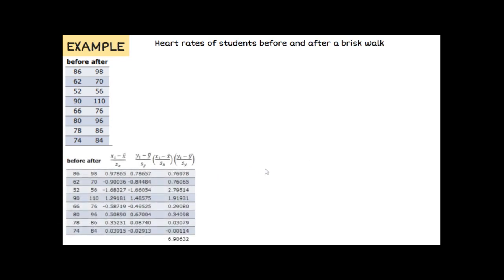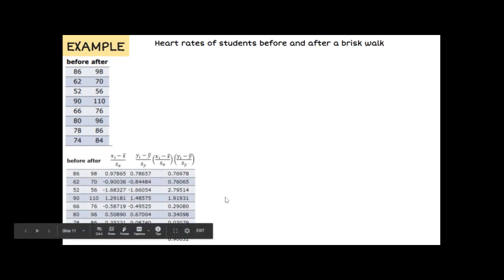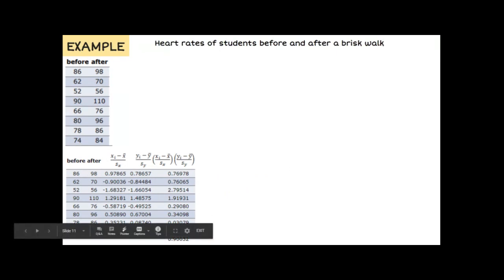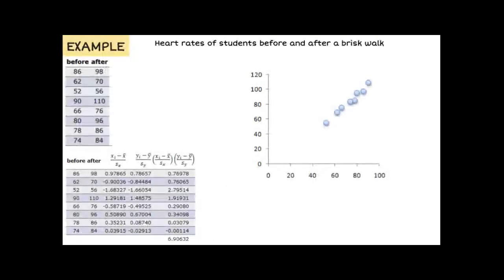So, just showing how to calculate that. Since we have the sum 6.90032 for this column, the last column on the right, and since we have eight pieces of data, from the formula we use n minus 1, so we're going to divide this sum, 6.90032, by 7, and we're going to have 0.99.